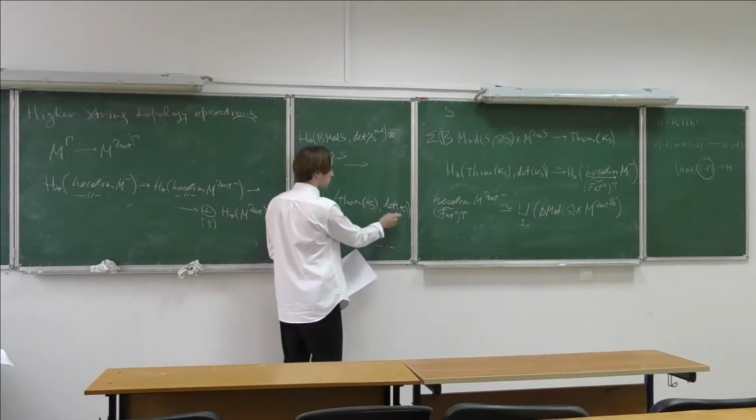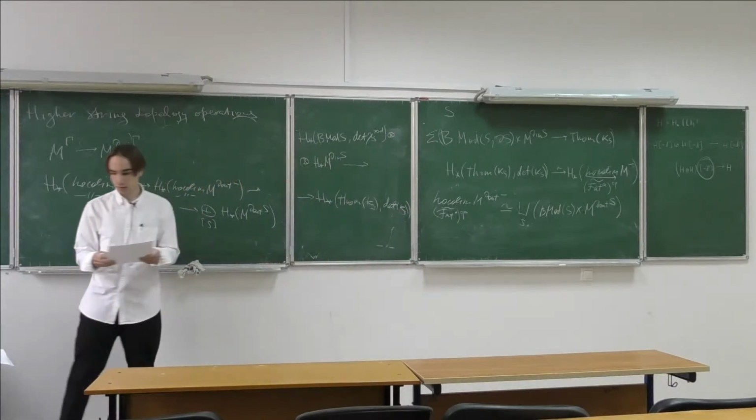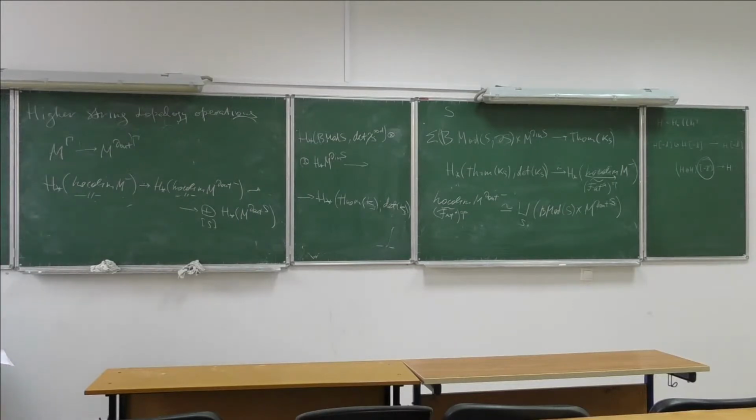Where does this determinant come in? Up at the top, you say there's a map from sigma infinity of this thing to the Thom spectrum. I see. How is this compatible with the twistings? I believe there should just be a typo there, maybe.